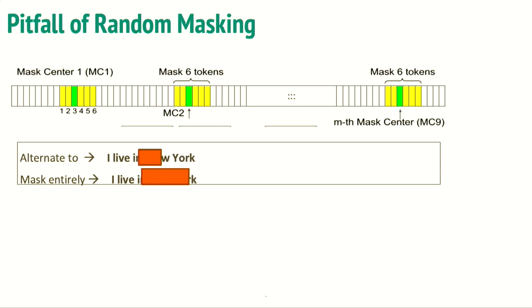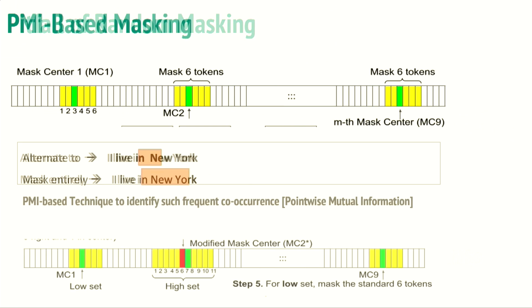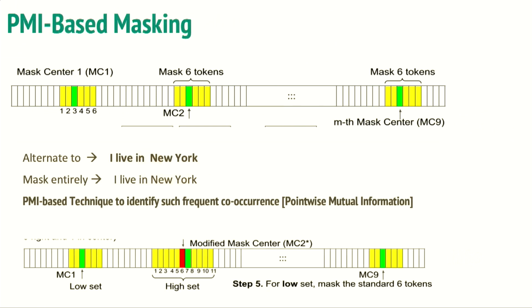There is the concept of mutual information. I am not going into the details. These are techniques to identify such frequent co-occurrence and mask them all together rather than mask one of them individually.